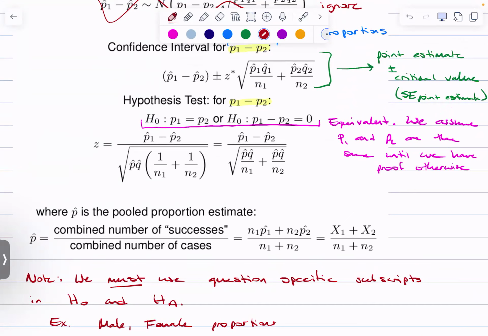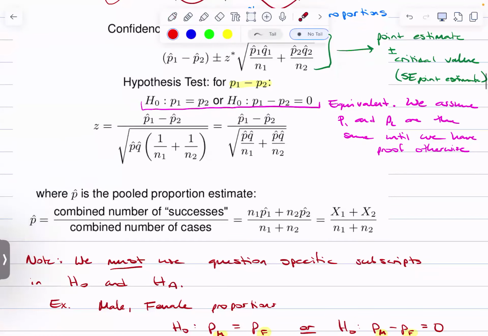I guess step 0, which we're completely ignoring for a little bit, are the conditions that we need to check, right? And again, it gets a little bit more complicated just because we have 2 groups and we need to check both groups, right? But we basically just do the same thing that we were doing for one sample proportion, just build it out.